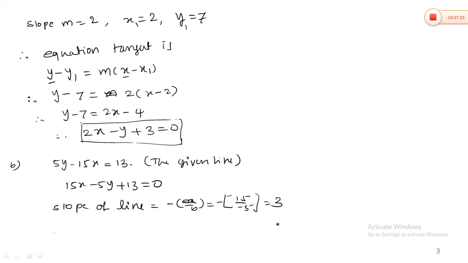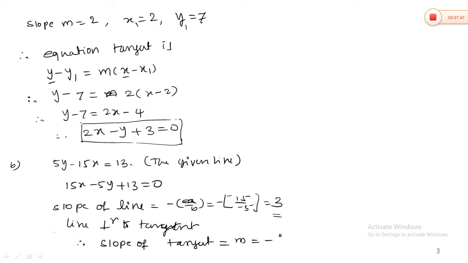Therefore this is the slope of the line. The line is perpendicular to the tangent. Therefore slope of tangent, that is m, equals minus 1 by 3.